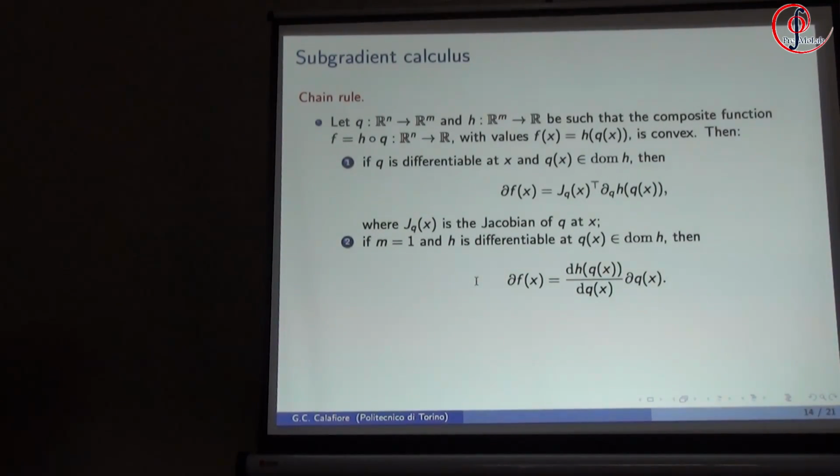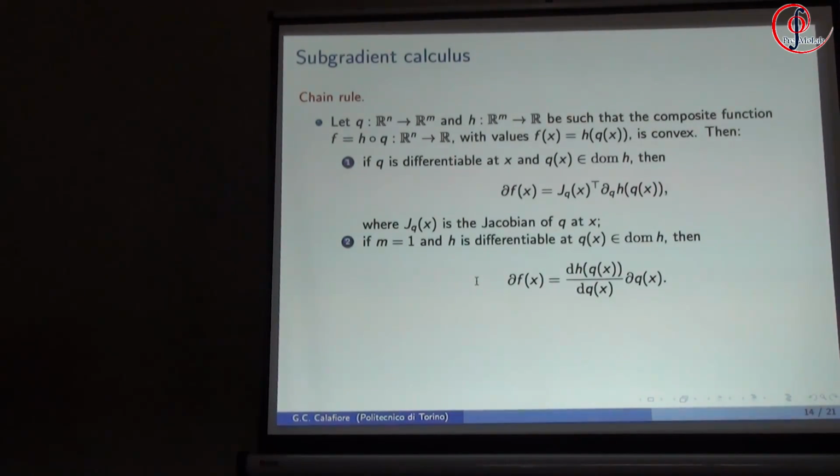Sometimes we can compute subgradients and subdifferentials by direct inspection, and more often we will just use some rules to help us in computing these quantities, the same way we do with standard derivatives.